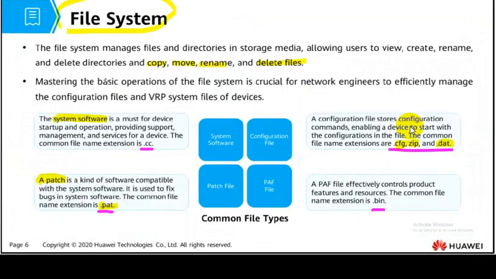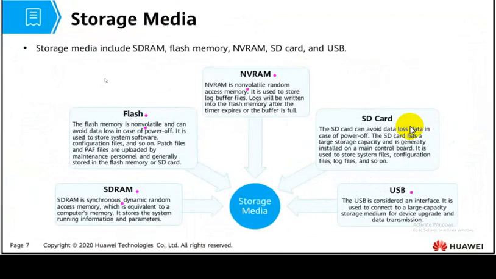The other function of an operating system, that is the VRP operating system, is management of storage. That's what we're going to look at. We have different storage media types. We have NVRAM, which is a non-volatile random access memory. This one is not used to keep files like your configuration, but it's used for logs only.